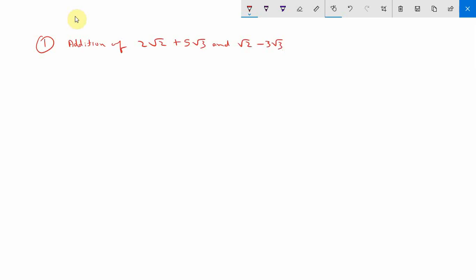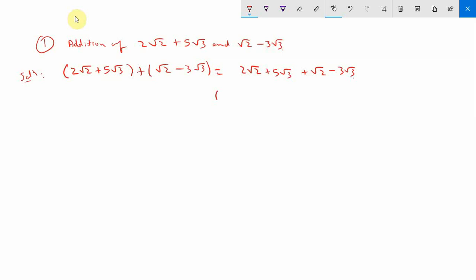So how can we add this? As we add in case of rational numbers, here also we can add like that only. So this is equal to 2 root 2 plus 5 root 3 plus root 2 minus 3 root 3.